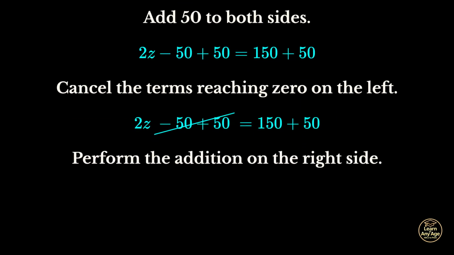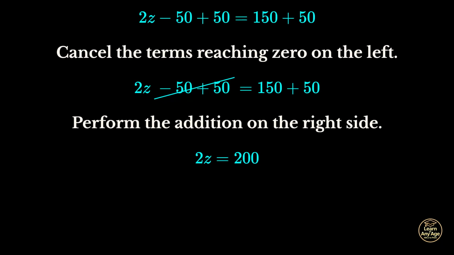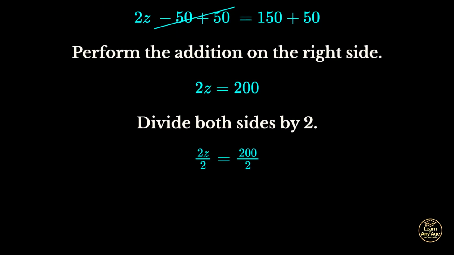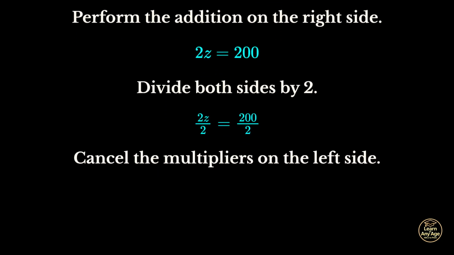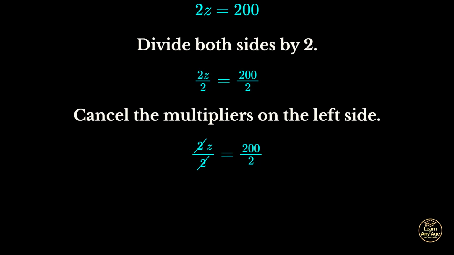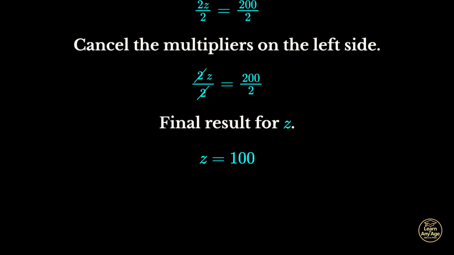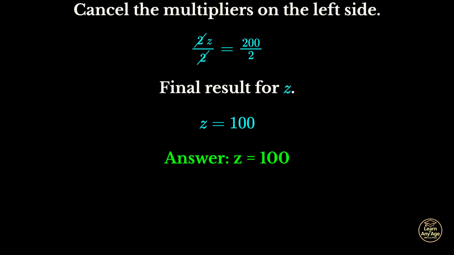Perform the addition on the right side. 2z equals 200. Divide both sides by 2. 2z over 2 equals 200 over 2. Cancel the multipliers on the left side. 2 cancelled out, z over 2 cancelled out, equals 200 over 2. Final result for z. z equals 100. Answer, z equals 100.